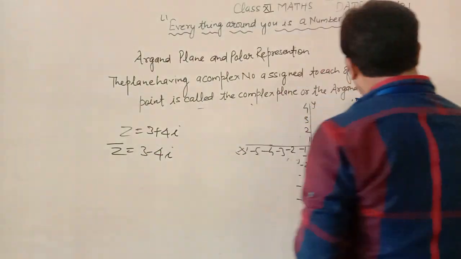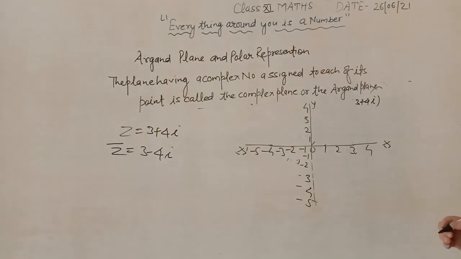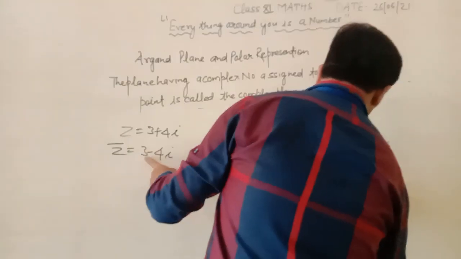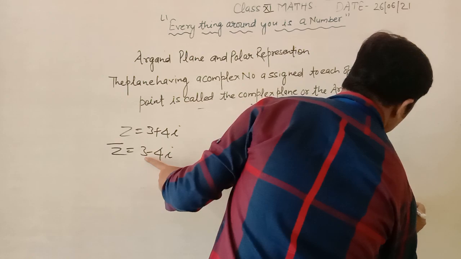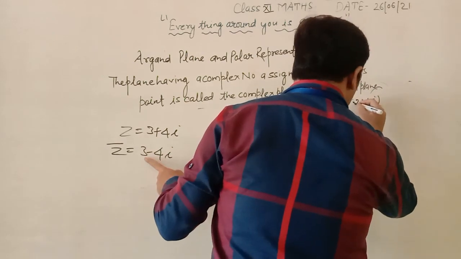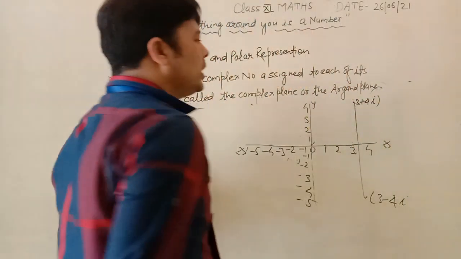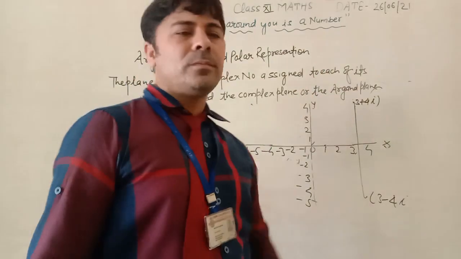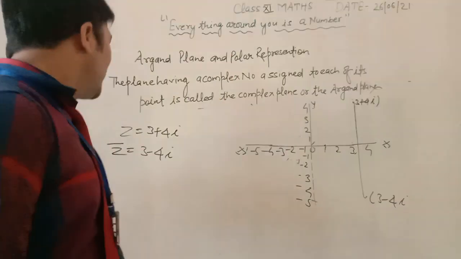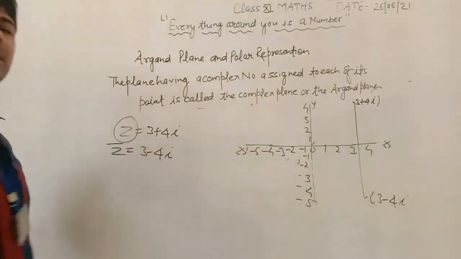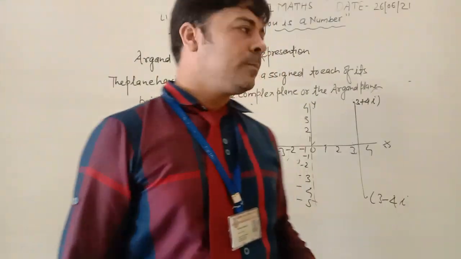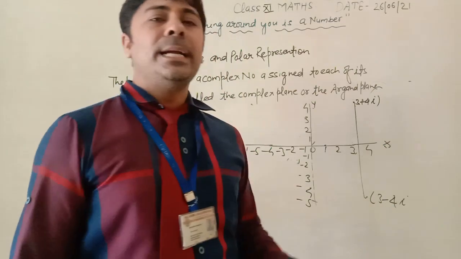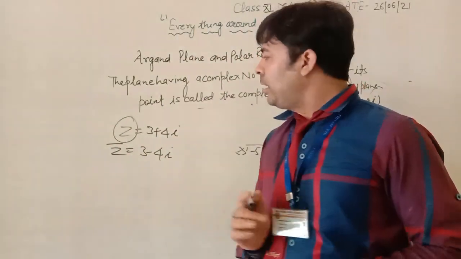The point 3 plus 4i is here, and 3 minus 4i is here. You can see that this is the image of that one. That's why we can represent a complex number and its conjugate in a plane.